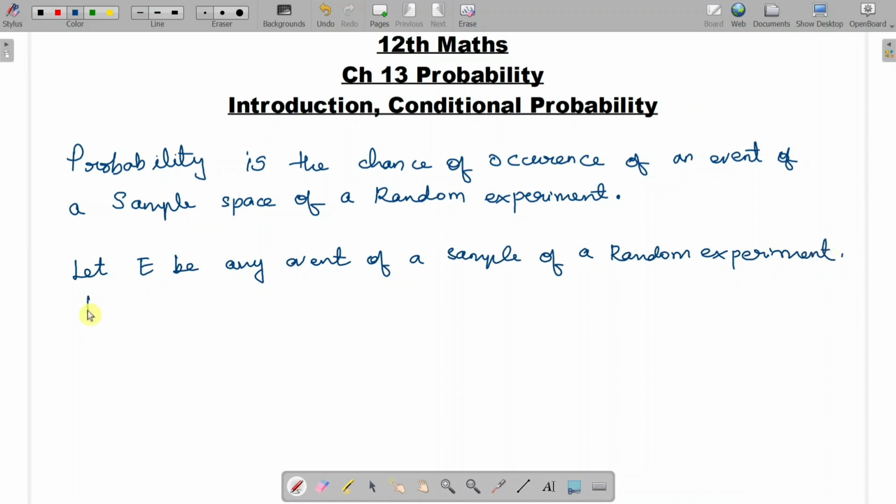Then the probability of E, we denote probability of E in this way: P(E) is equal to the number of elements in the set E divided by the number of elements in the sample space. So this formula we have studied in the 11th class. Alright, so this much you have to know to understand further what I will explain.